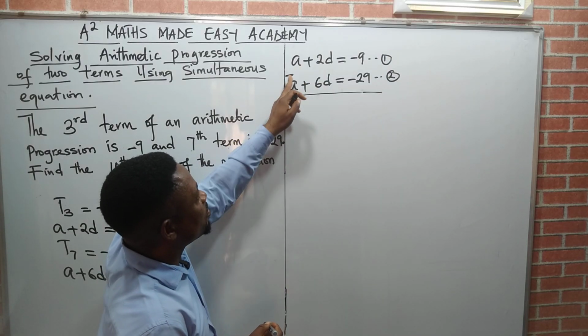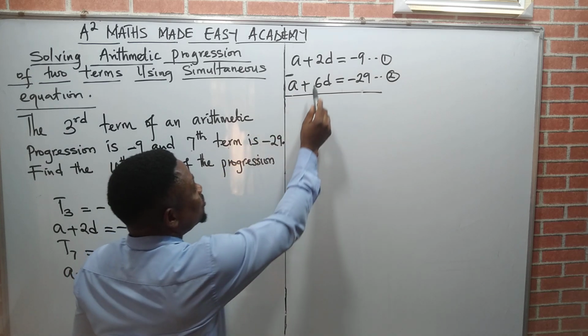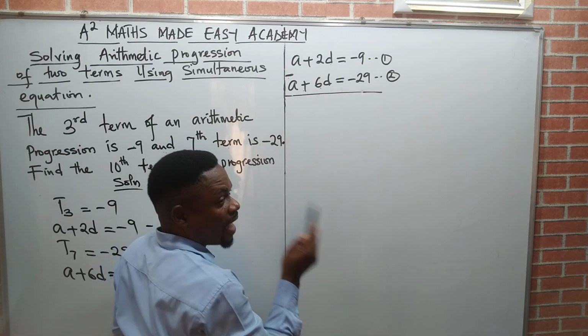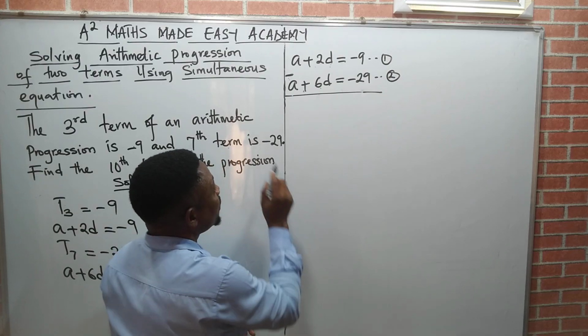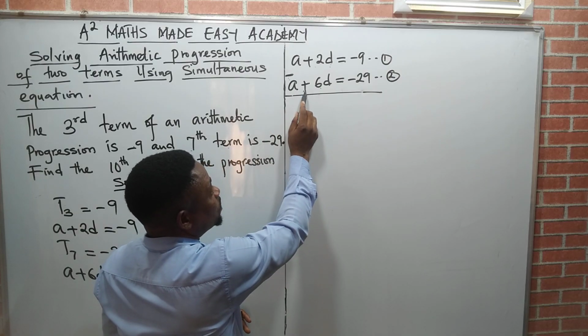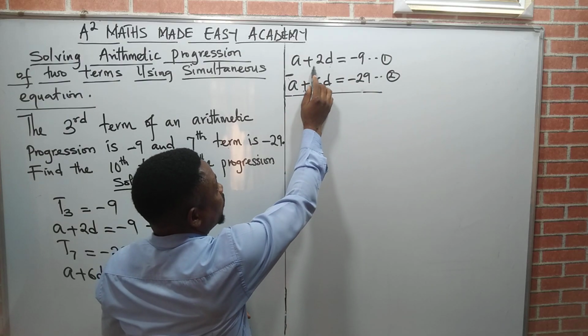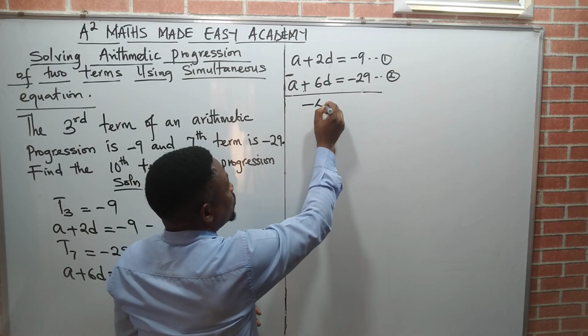Can I read it now? Watch. A minus A is already 0. Now the next one is 2D minus plus 6D. I repeat, 2D minus plus 6D. Mathematically, minus times plus is minus. So the analysis is plus 2D minus 6D, which will give us minus 4D.